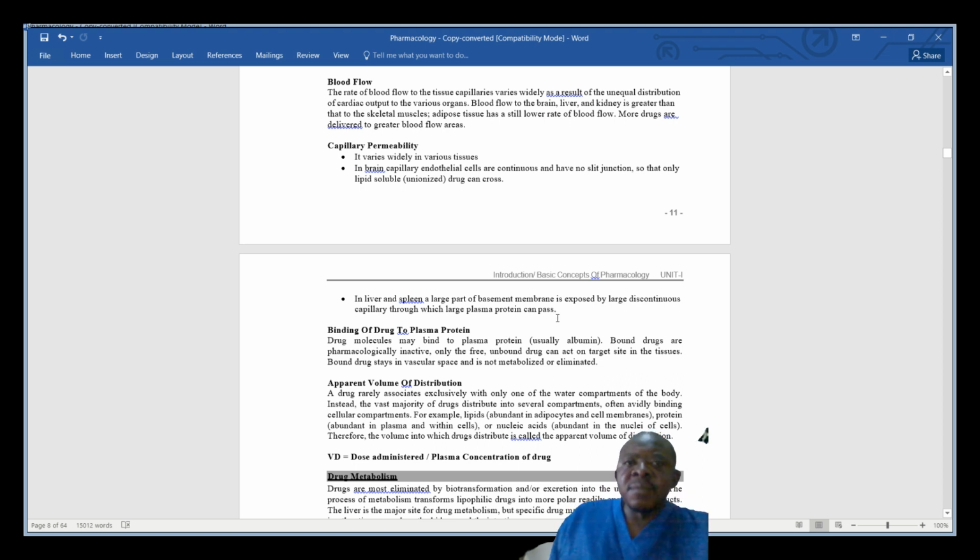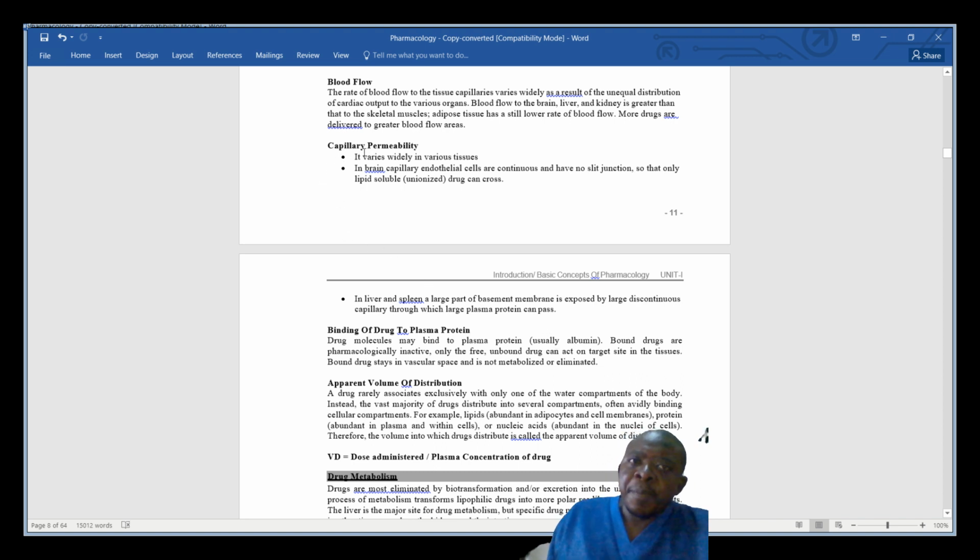Hence most drugs can pass through the liver, as compared to the brain. Of course, we don't want almost all drugs to pass through the brain because they may easily affect it, as it is a delicate organ.